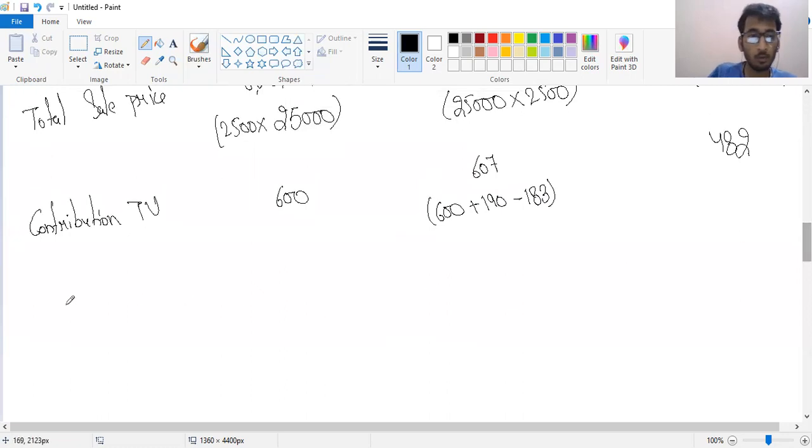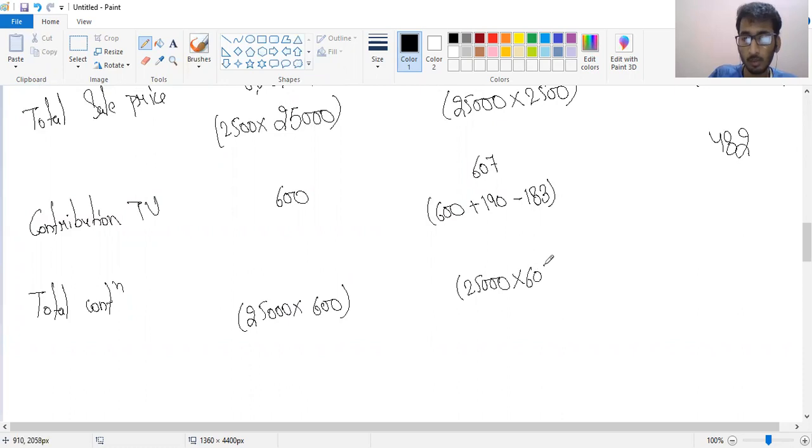Okay, so total contribution would be 25,000 multiplied by 600, 25,000 multiplied by 607, and 30,000 multiplied by 482. Compute it. 25,000 multiplied by 600 would be 1 crore 50 lakh.